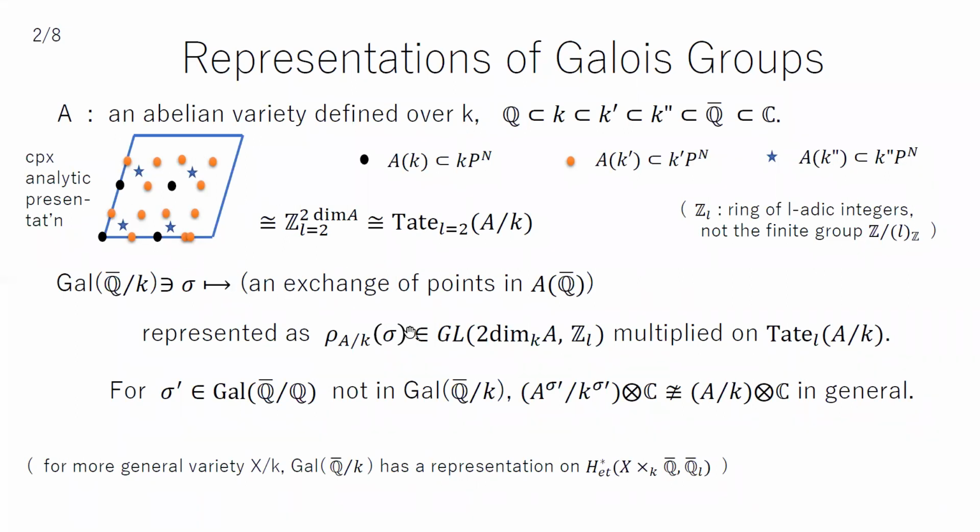It happens that the transformation rule can be described as the multiplication of a matrix on those elliptic modules. This understanding allows us to construct a representation of the Galois group over the field of definition for a given algebraic variety like an abelian variety.